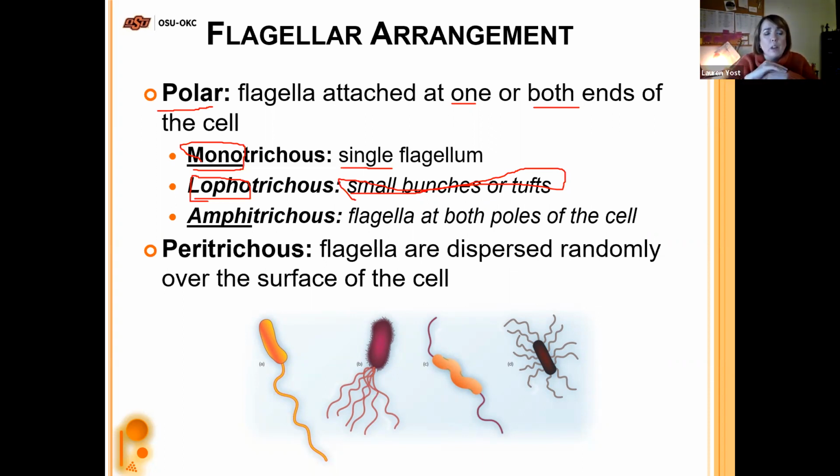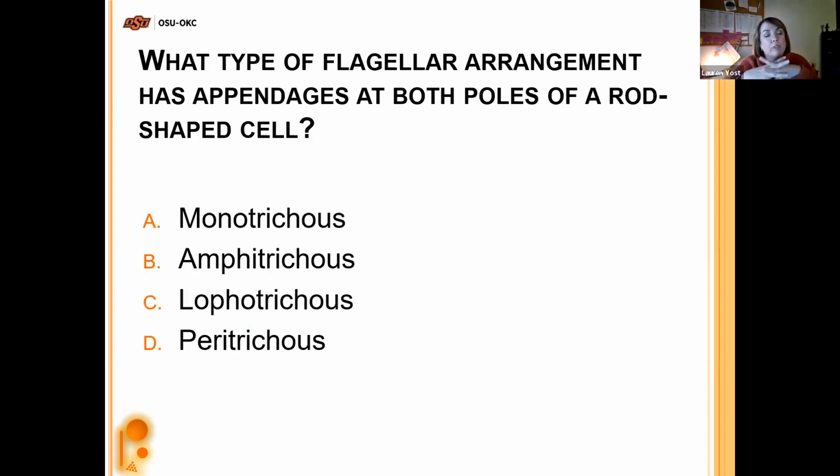So if it's amphitrichous, we have both. So it's both ends of the cell. So amphitrichous at both ends. And then we have peritrichous. Peri is just referring to all over. So it's just covered with flagella. So what type of flagellar arrangement has appendages at both poles of a rod-shaped cell? That we just said, both, that's amphitrichous.